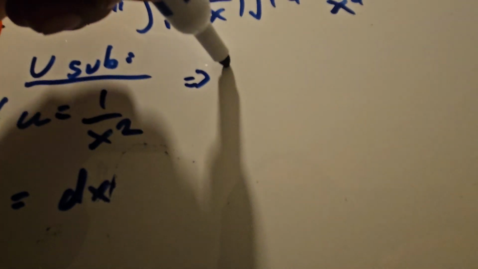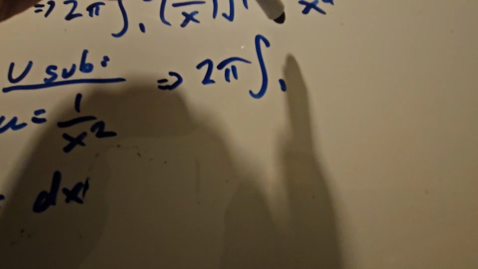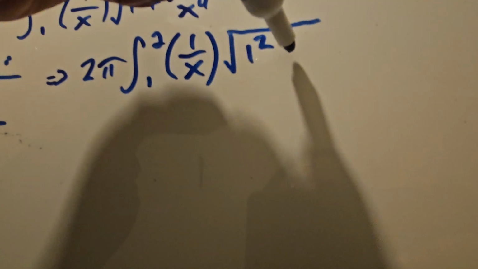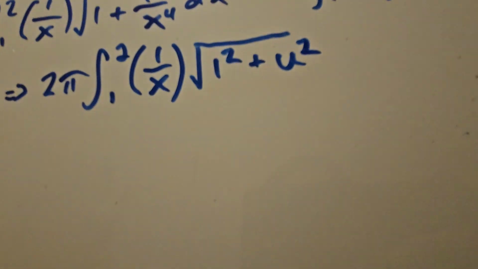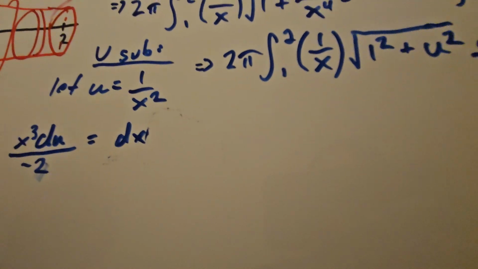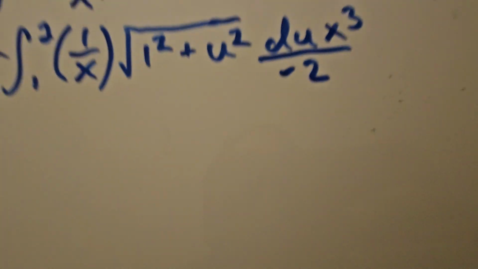We have 2 pi, the integral from 1 to 2 of 1 over x times the square root of 1 squared plus u squared, right? u is 1 over x squared, yeah. u squared du over x to the third power divided by negative 2.